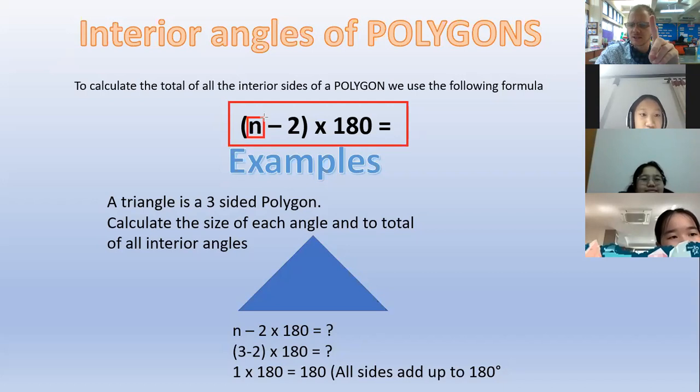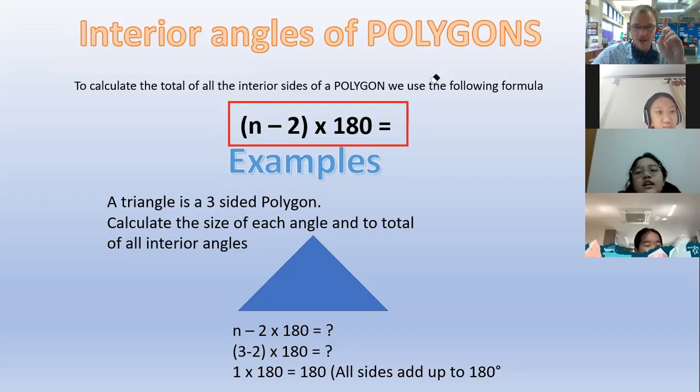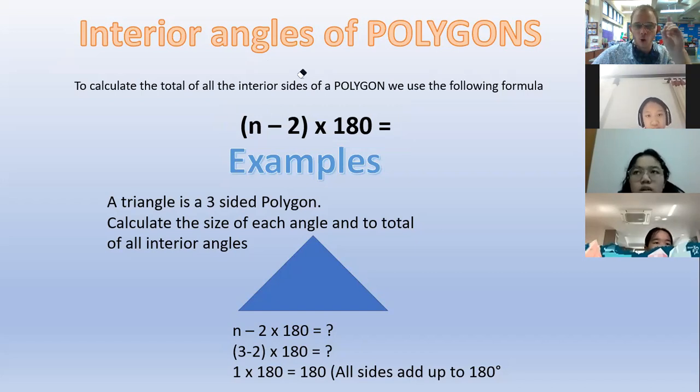In this instance, you will see a lot of formulas that use letters. For example, n. The most important thing you have to do is read what n is for. What does n stand for? Reading becomes very important, because in this formula, I will show you in the book.